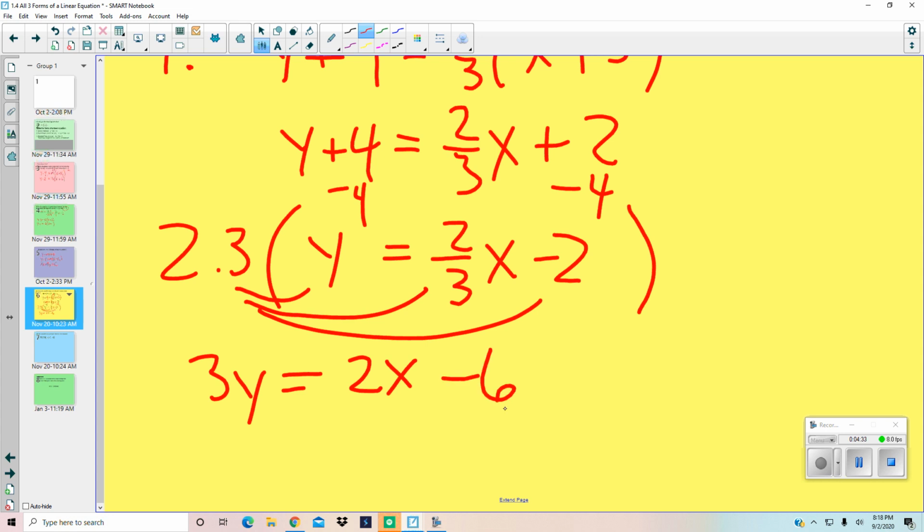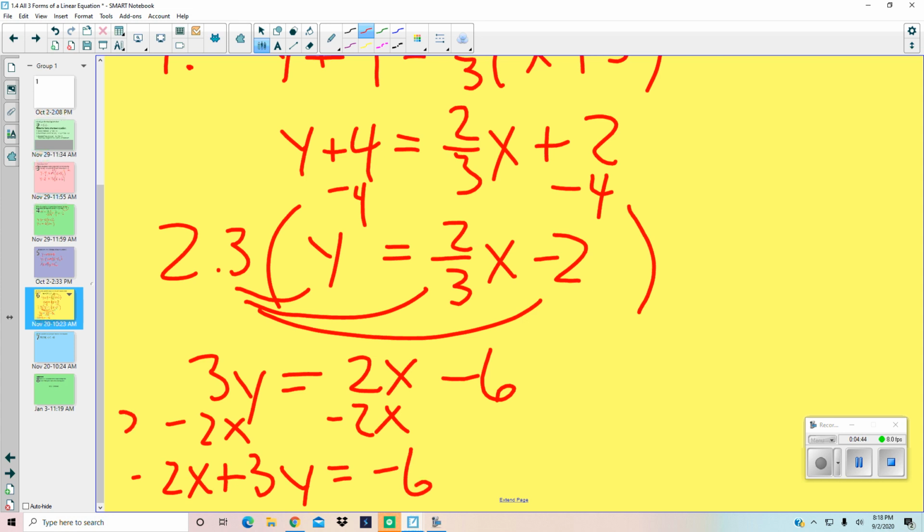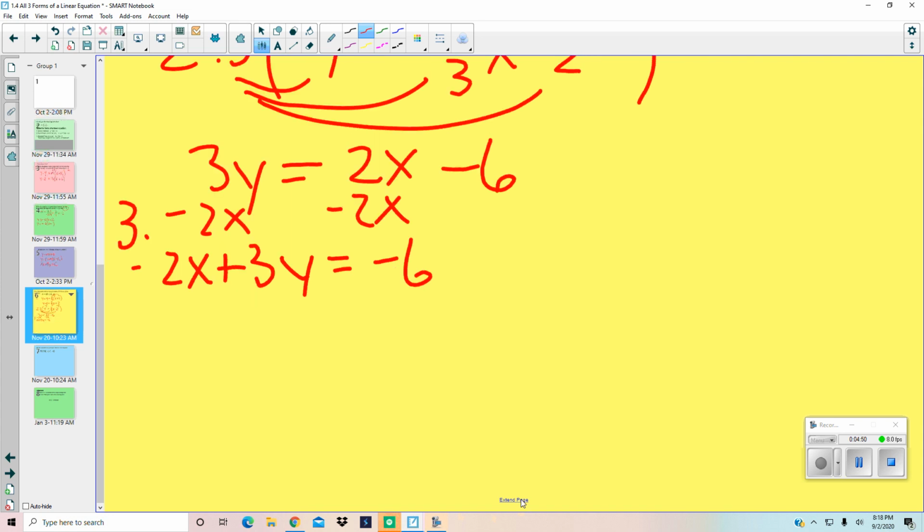And then I just need that x on the other side. So subtract 2x. I would have negative 2x plus 3y equals negative 6. That would be my third form, standard form. In that example, my a value would be negative 2, my b value would be 3, and then my c value would be negative 6.